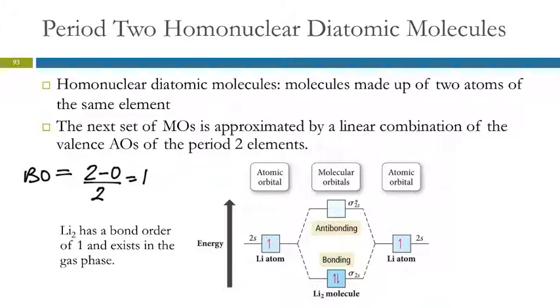Yes? I thought the only diatomic elements were the ones in the periodic table. Yes. You thought the only diatomic elements were those 7. We lied to you? Lithium 2 is not a common form of lithium. At regular temperatures and pressures, lithium is a solid, right?